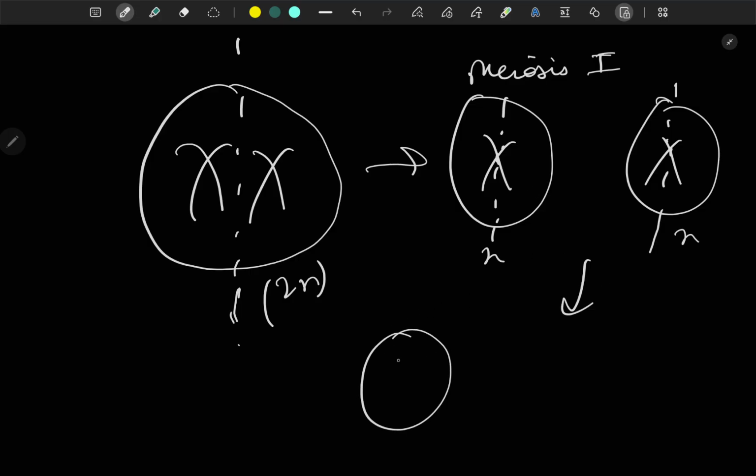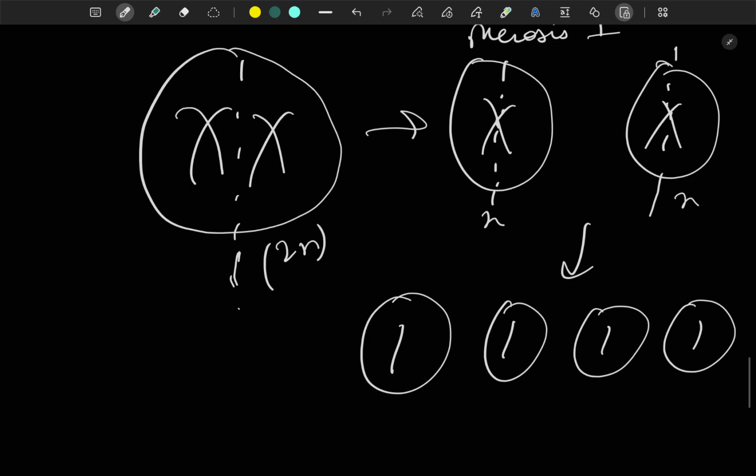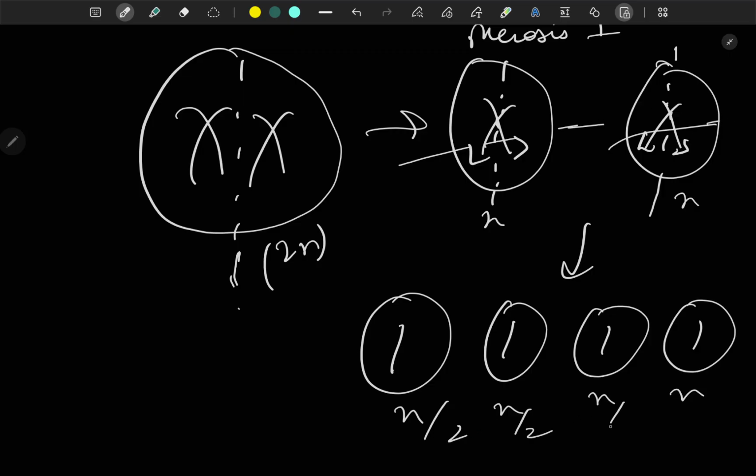So four sister chromatids, nearly identical, we cannot say identical, these are sister chromatids, and these divided further, so that's why the number stays the same. If the cell divided again, then the number would become half, but here the cell doesn't divide.